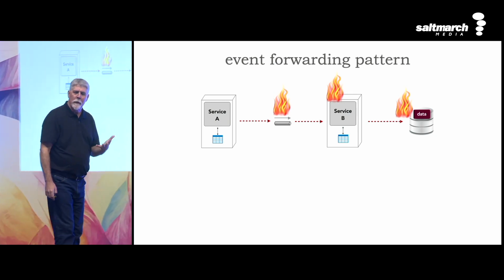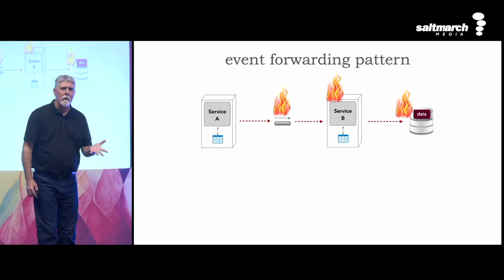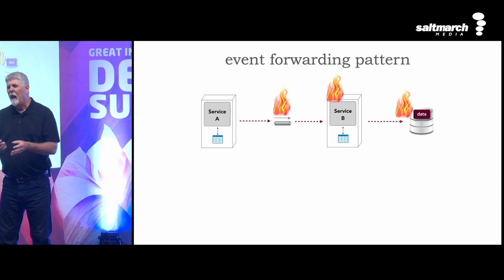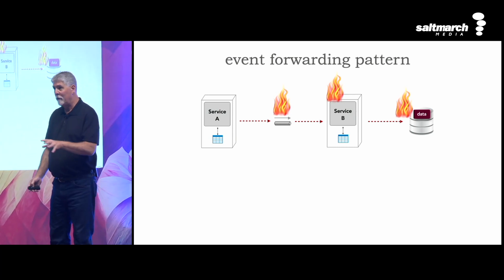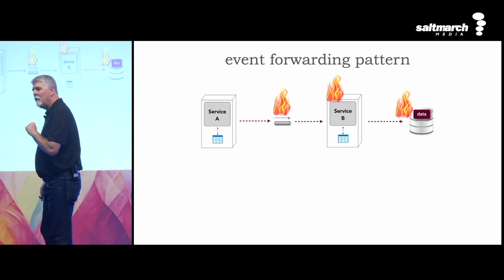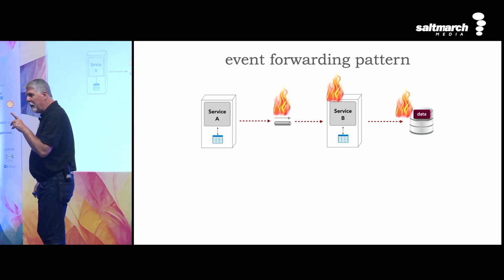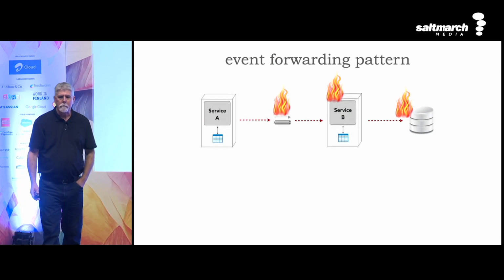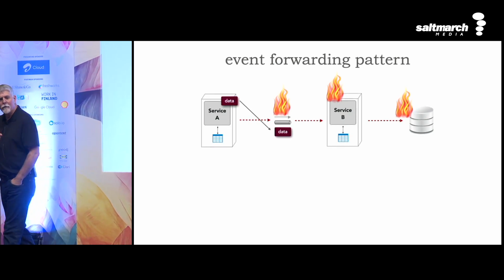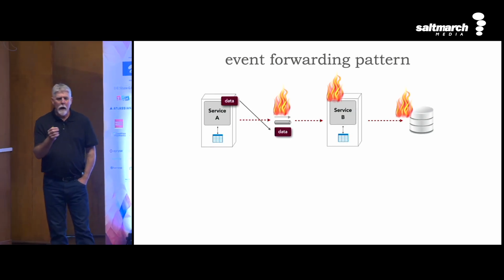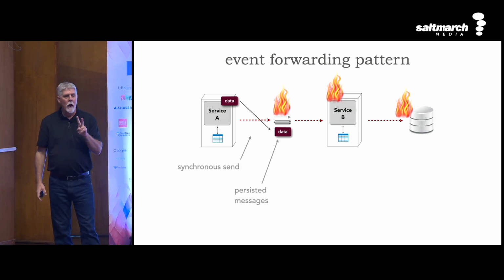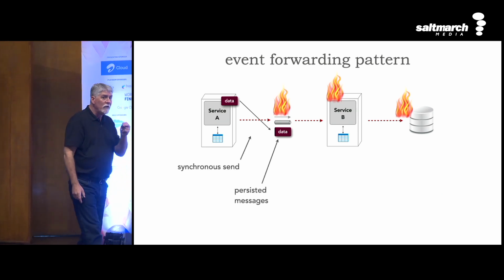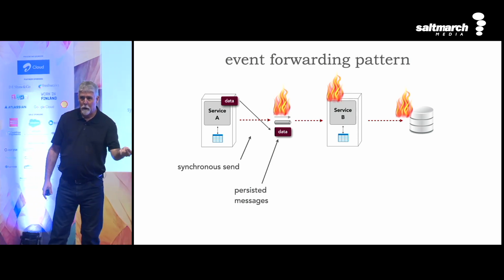Well, let's apply something called the event forwarding pattern. Also, it's sometimes called the chain of persistence pattern. And so what this does is as follows. Let's take a look at the first one here. So when I have service A to get to the queue, how can I guarantee I will never lose an event? Two techniques. The first is to use something called synchronous send or publish.